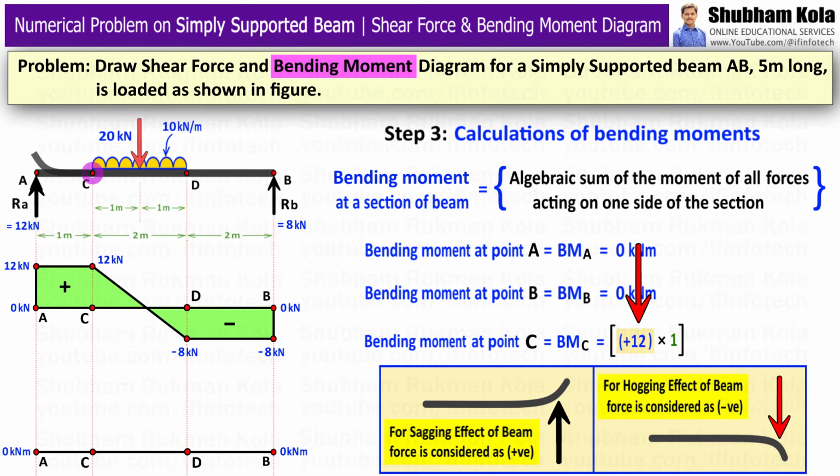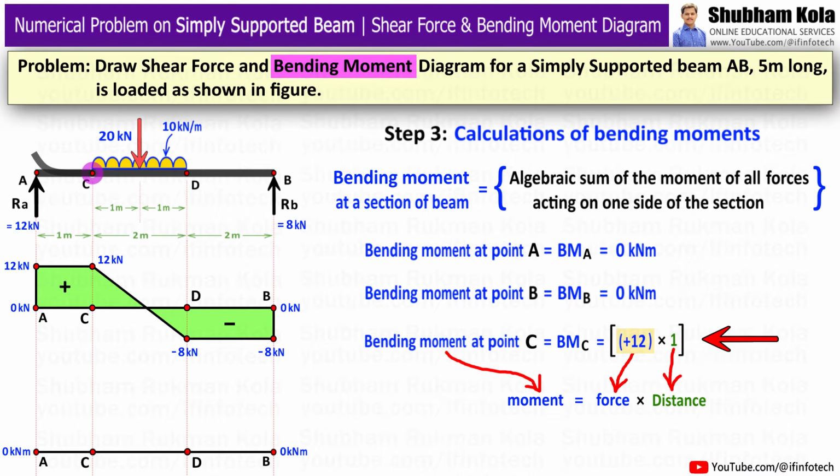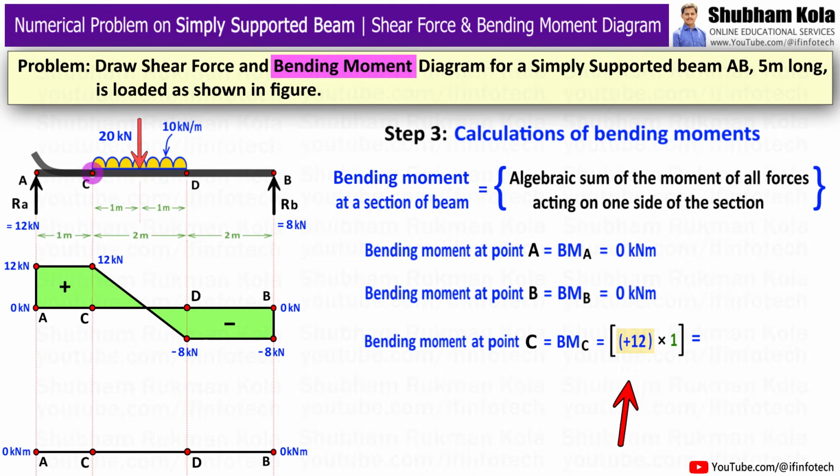So I will add this force with positive sign. And as per decided, moment is force into distance. So I will multiply this force with the distance, that is 1 meter. Therefore, after calculating, we get the value equal to 12 kilonewton meter.